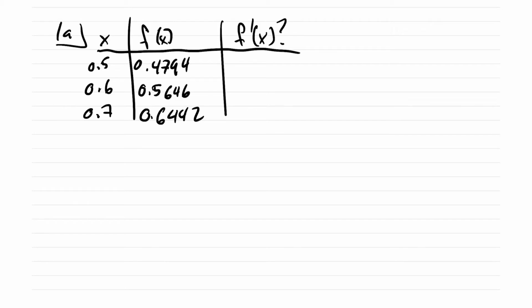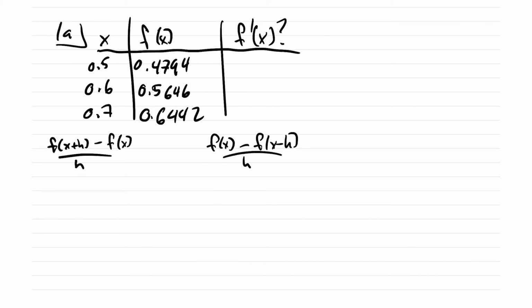Anyway, so we need to estimate these values. So if you look at what we have here, we want to use forward difference, backwards difference, etc. So we have these options. So we have f of x plus h minus f of x divided by h, and we have f of x minus f of x minus h divided by h. And we want to fill in these spots here.